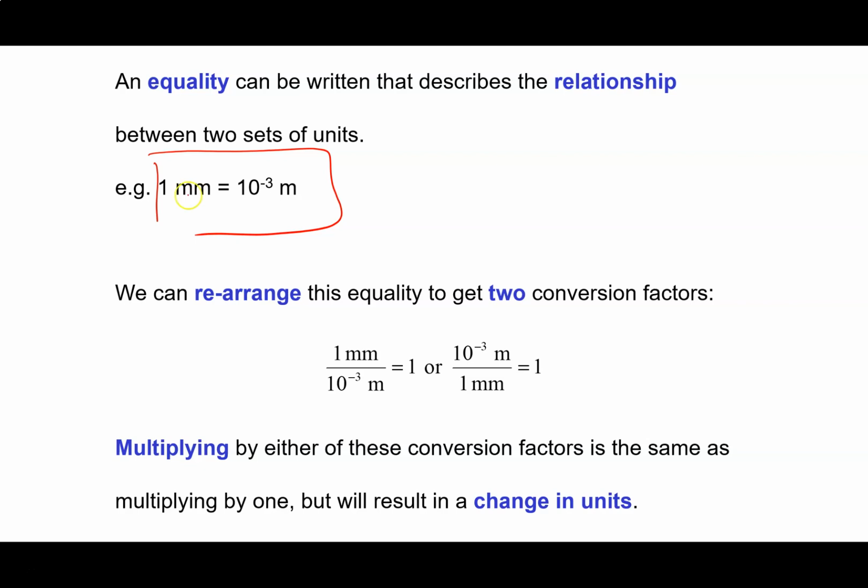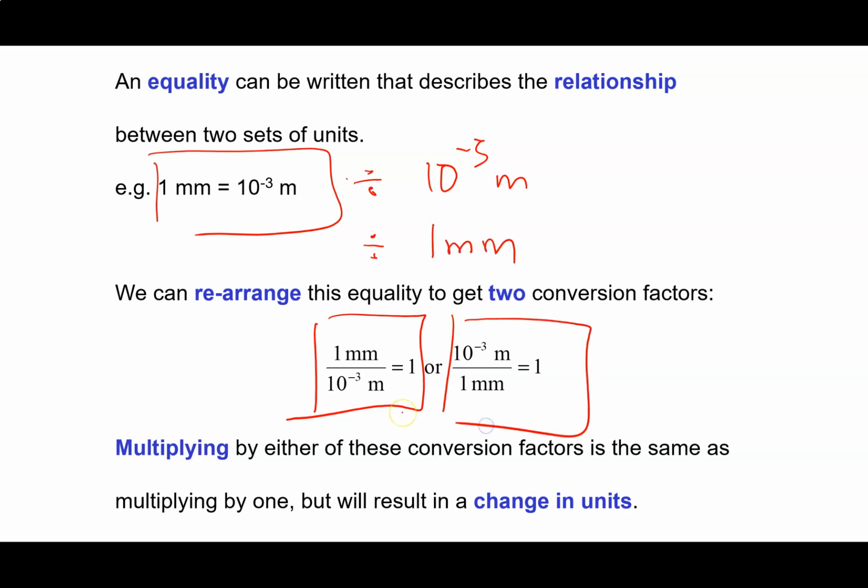So if I divide both sides of this equality by 10 to the minus 3 meters, I would get that conversion factor. But if I divide both sides of that equality by 1 millimeter, then I get this conversion factor.